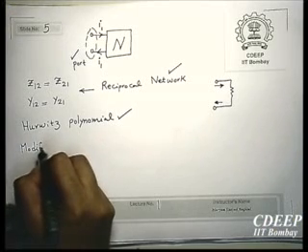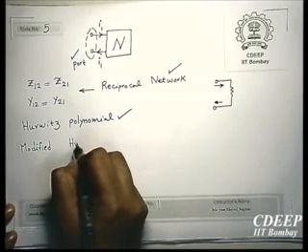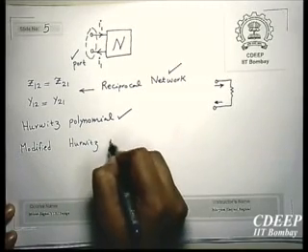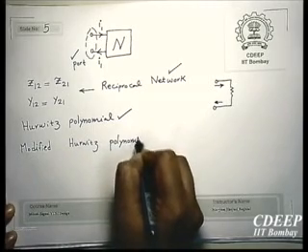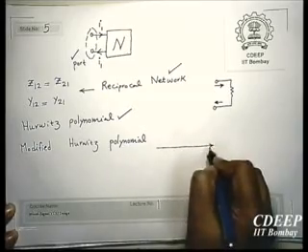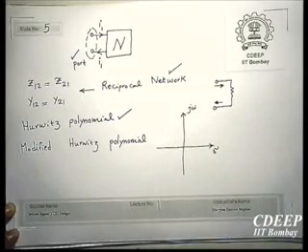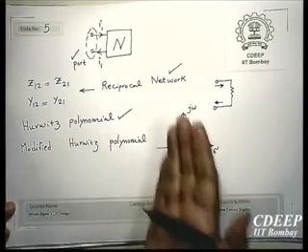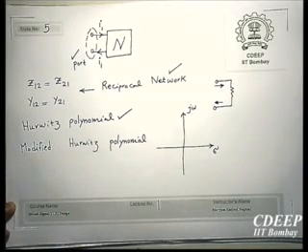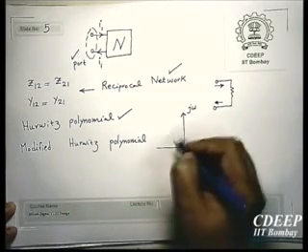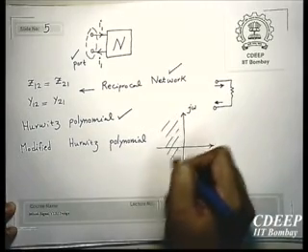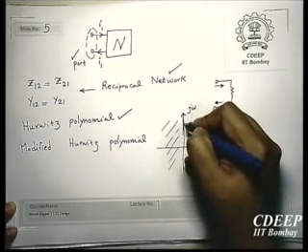And modified Hurwitz polynomial, I show it. So sigma, j omega. This is the plane for location of poles. In a Hurwitz polynomial, all roots are on the left side. In a modified Hurwitz polynomial, all roots are either on the left side or on the j omega axis.